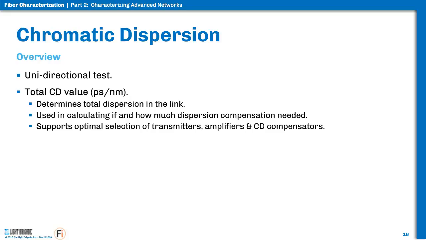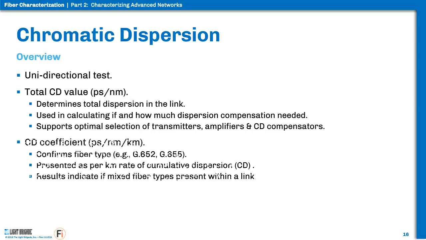Also, we're interested in determining the overall CD value or the overall dispersion, so we know how much compensation is going to be needed, and that's your picoseconds per nanometer. And we can define the fiber type using the CD measurement by determining the coefficient. All that information is very valuable when you're designing networks, doing acceptance testing or qualifying networks, and trying to figure out what's wrong.